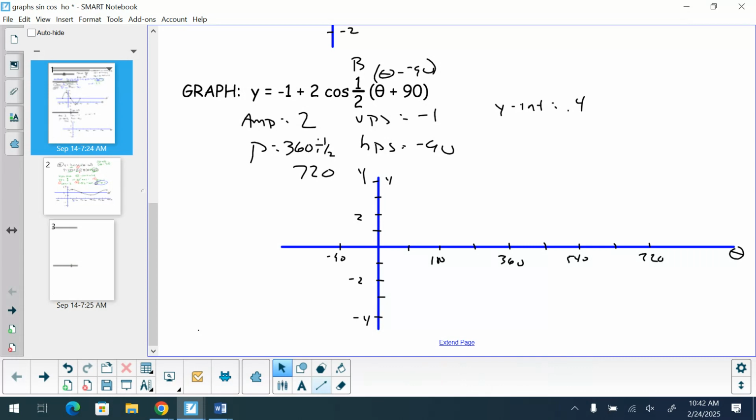First thing you draw in, prime axis. So draw on your prime axis with your vertical phase shift.